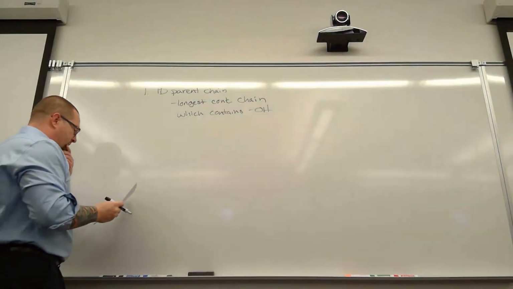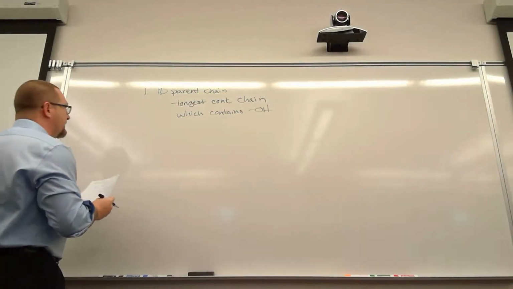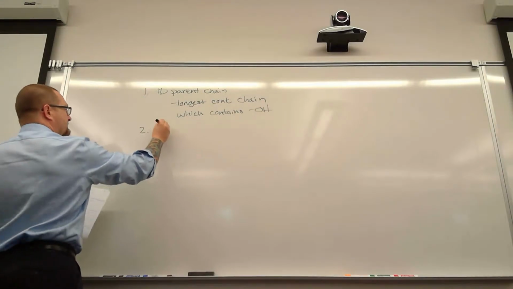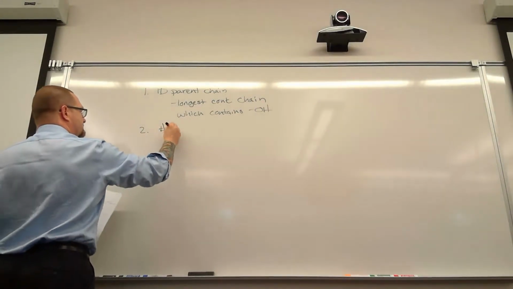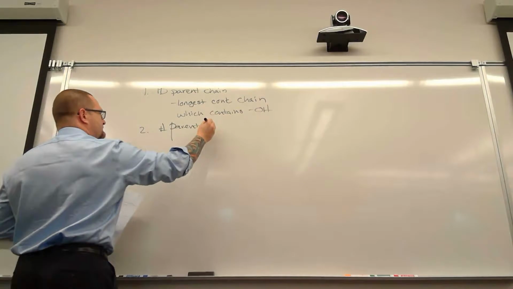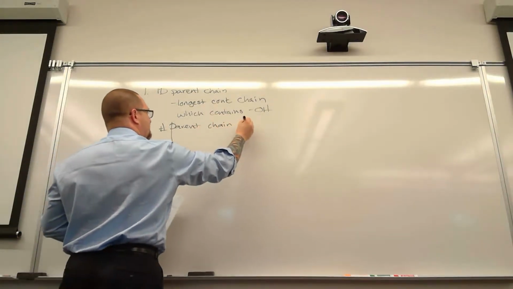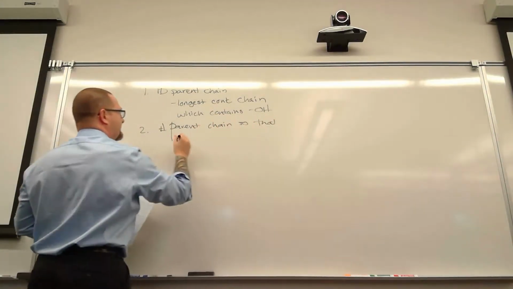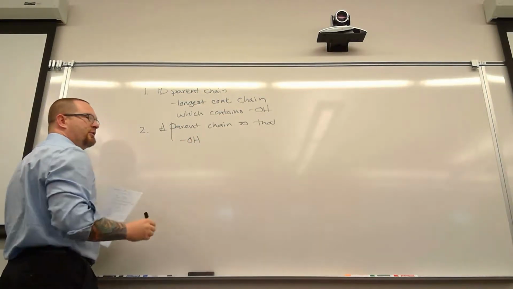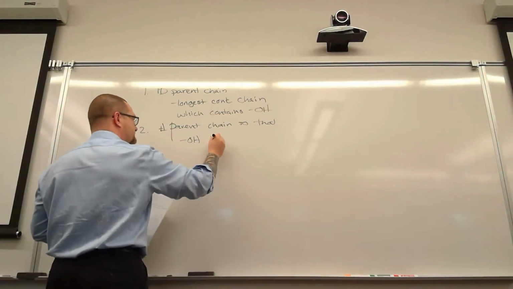And then the second rule is we're going to number the parent chain so that the functional group, in this case the hydroxyl, has the lowest number possible.